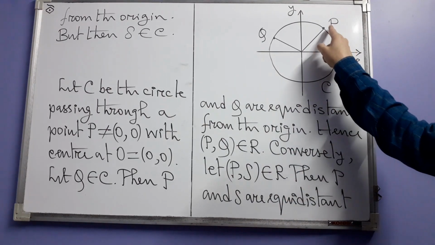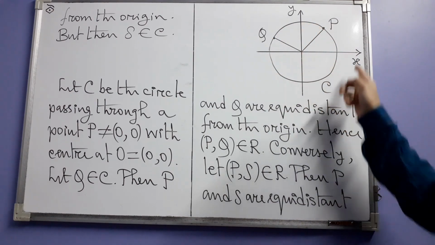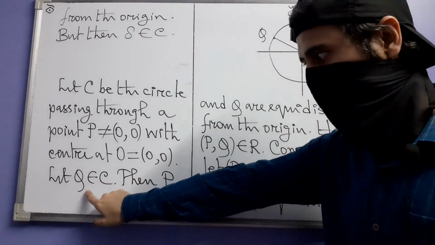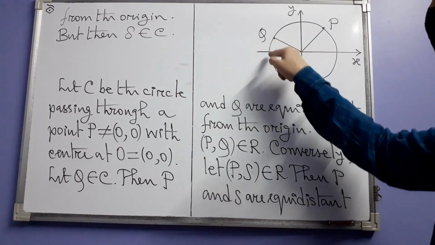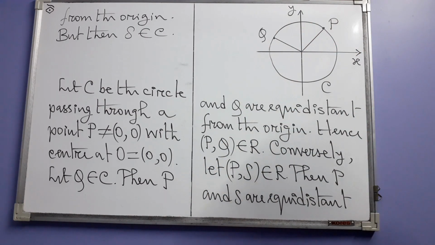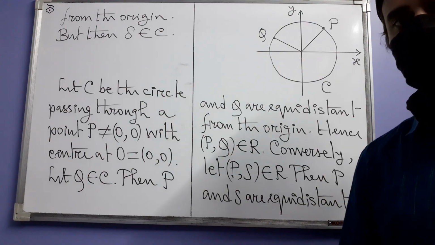So the circle that passes through P and has the origin as its center is this circle, which is C. Us choosing Q in C means that Q is a point on C, say here. Then obviously P and Q are equidistant from the origin. Why?